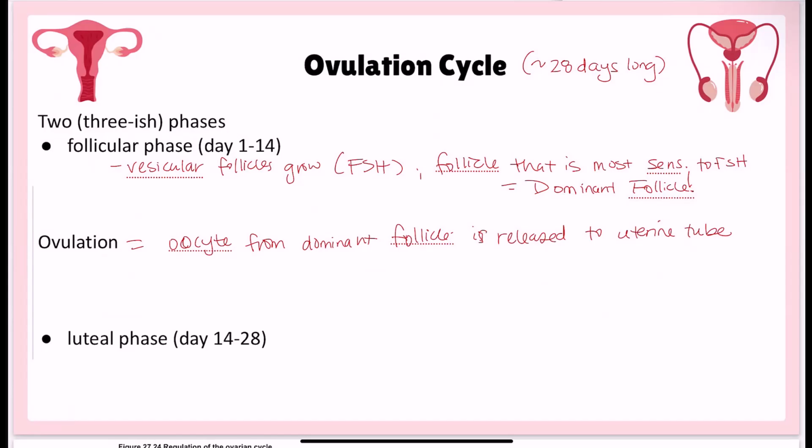After ovulation is the luteal phase. So the oocyte with its corona radiata are gone, but the rest of the follicle in the ovary is still there. So it becomes this thing called the corpus luteum. So leftover bits of dominant follicle becomes the corpus luteum.